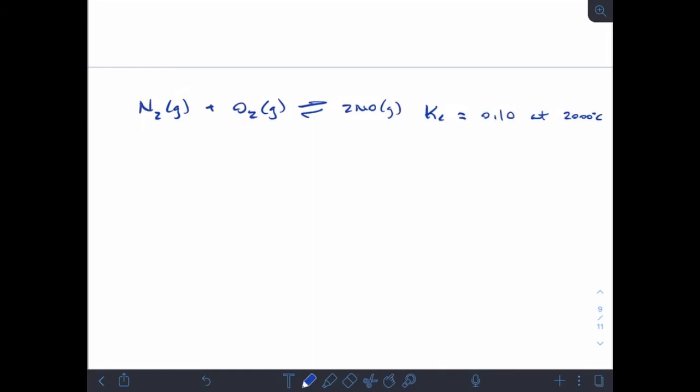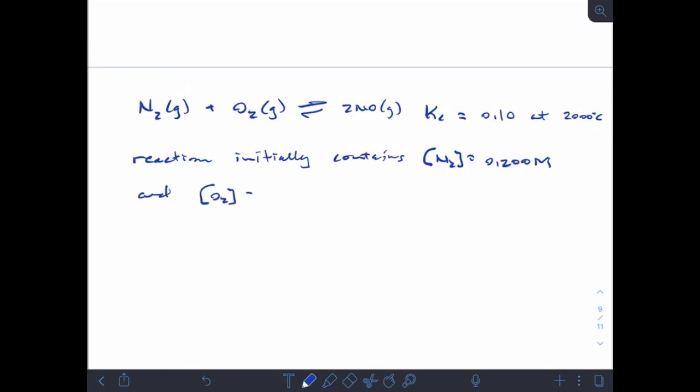So the information that you're given is that the reaction initially contains concentration of N2 equal to 0.2 molar and concentration of O2 equal to 0.2 molar.